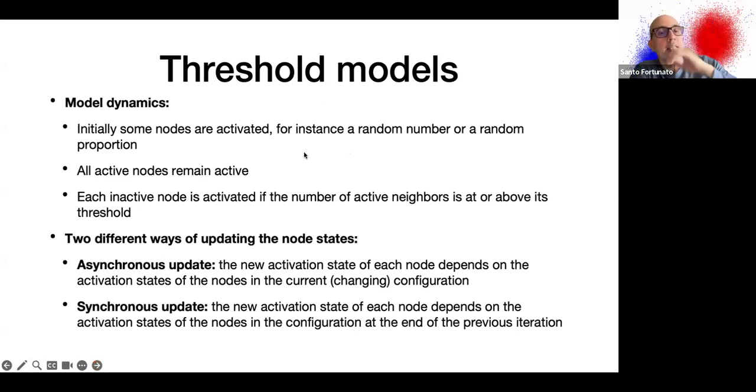So let me give you the model dynamics here, the main bits. Initially, some nodes are activated, for instance, a random number or a random proportion. It depends how big your network is. You can have a single influencer or 10 influencers, or you can say 1% of influencers. So if your network has 1,000 nodes, 1% is 10. So initially, I'm going to have 10 influencers, which are nodes that you can usually select at random or with a certain criterion.